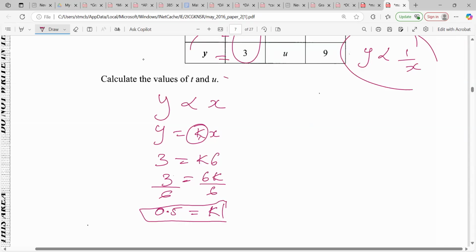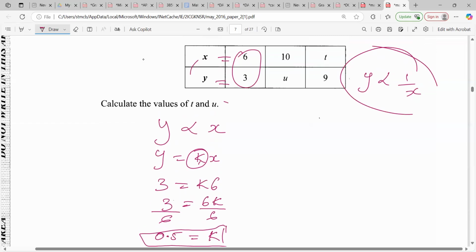And finding k solves all our problems. Let me show you. So now we can write y varies to kx, right? We can literally substitute the values now. We could find this one, right? I'm going to use y as u, since that's what they gave us. So u is equal to k, which we just found to be 0.5, times x.